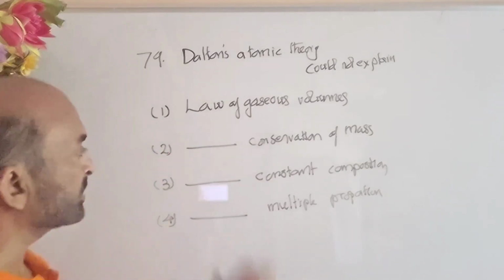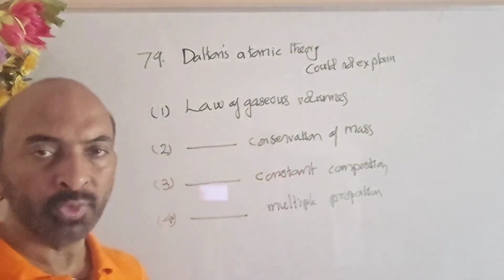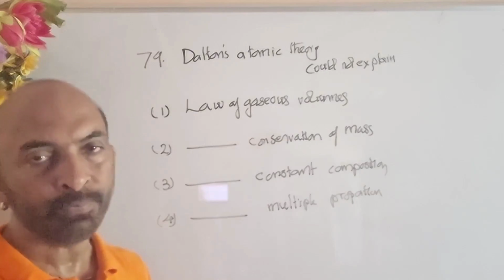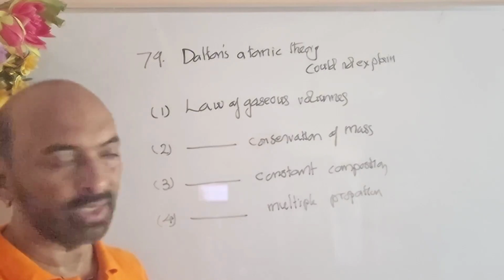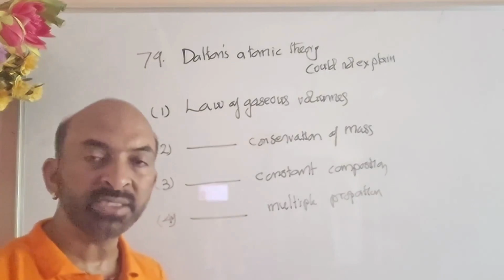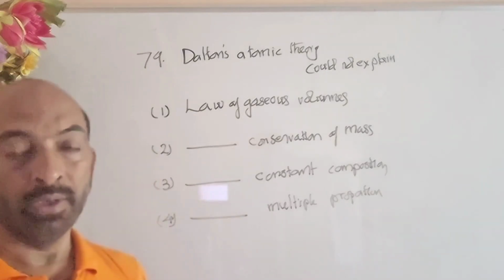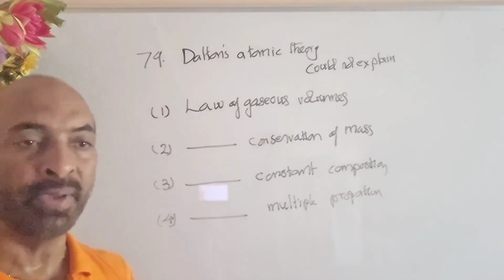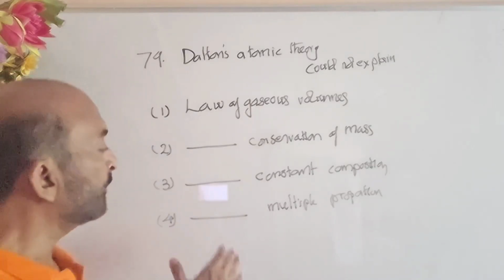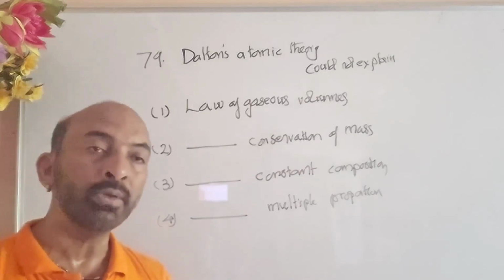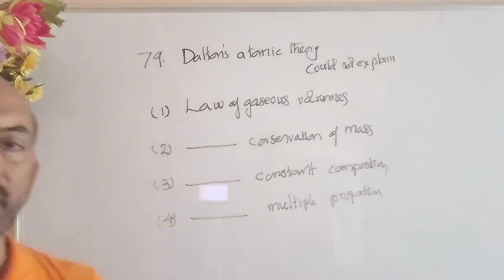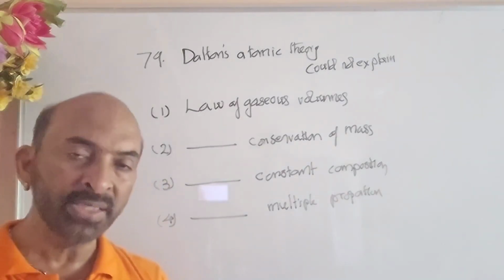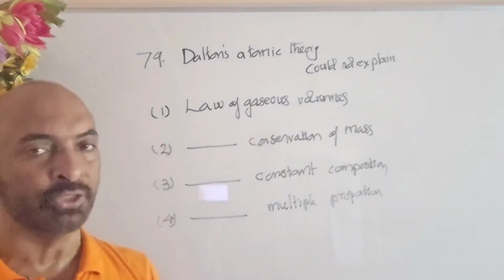Okay, whereas law of conservation of mass talks about the equality of the total mass of the reactants and products formed during a chemical reaction, whereas law of constant composition says that the same compound always contains the same elements combined in the same fixed proportion by mass, whereas law of multiple proportion says that when two elements combine to form more than one compound, the ratio of mass of one of the elements that combines with the fixed mass of the other bears a simple ratio.